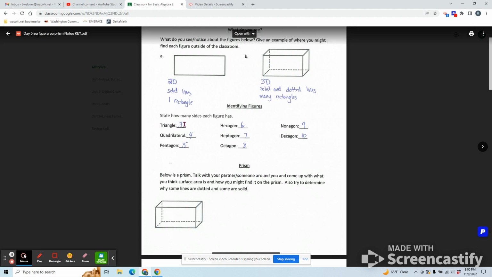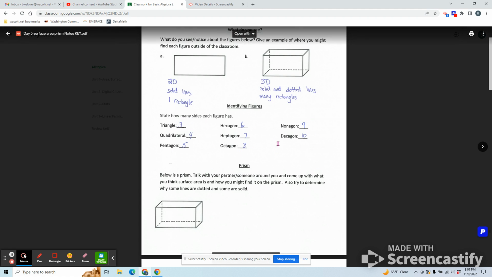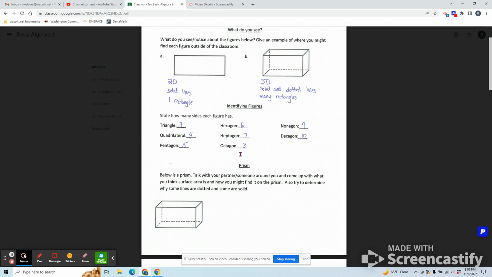If I have a base that's three sides, my base then is a triangle, or a quadrilateral is four sides, a pentagon is five, hexagon has six sides, heptagon has seven, octagon has eight, nonagon has nine, and decagon has 10. There are other ones, but for purposes of this class, these are the ones that we're going to focus on, and we really won't even talk about all of them. We're going to focus a lot on a base that has a triangle or a quadrilateral, or even a pentagon or hexagon.